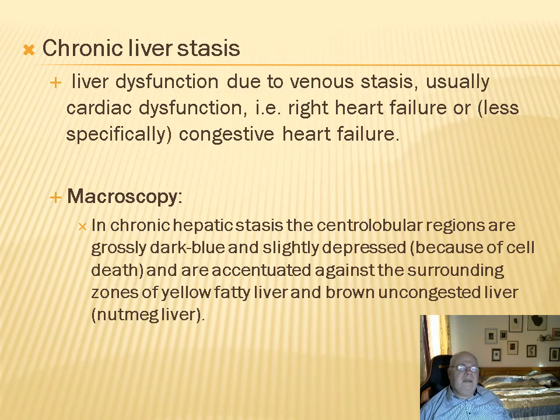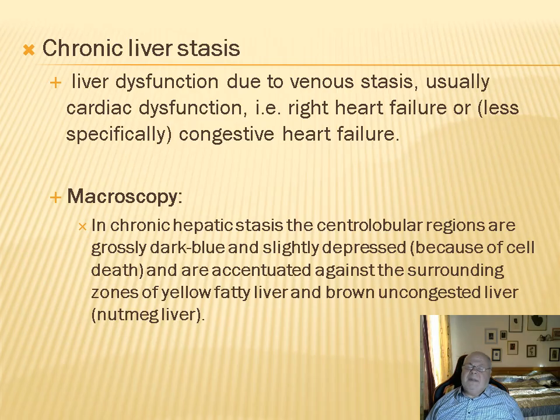And as a result of this chronic long duration stasis, the cells surrounding the veins of the liver, and the most small veins inside the liver are the centrolobular veins, so here it's stagnating the blood, the cells surrounding this centrolobular region will start to die and to be replaced in time with connective tissue.